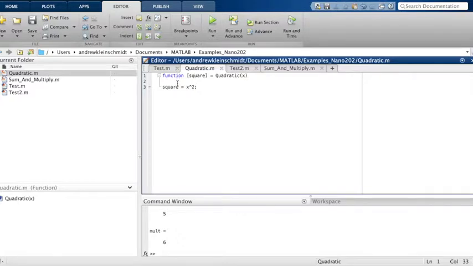After that, we go down, and it's important that this function at the very end is going to look for a variable called square, and that's what it's going to give back. So at some point in this function, we have to make a variable called square. We do that here, and we set it equal to x, which was the value that was given in, squared. So this is a fairly simple function. What it should do is take in a number, x, and then return that number squared.